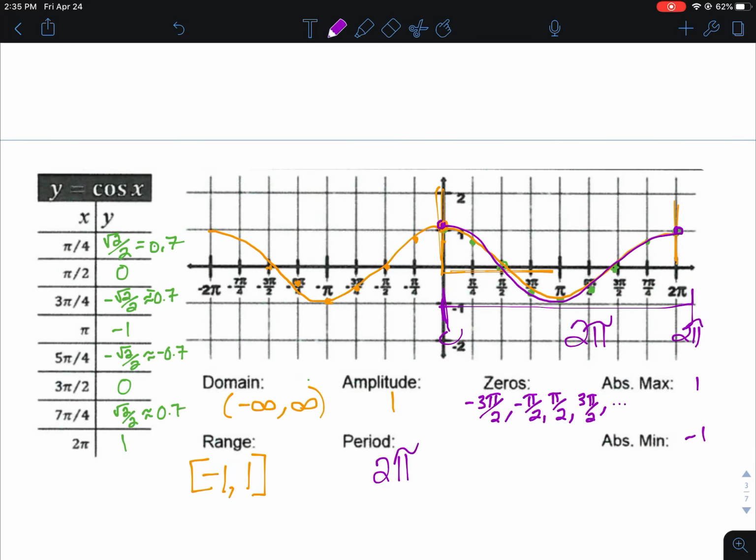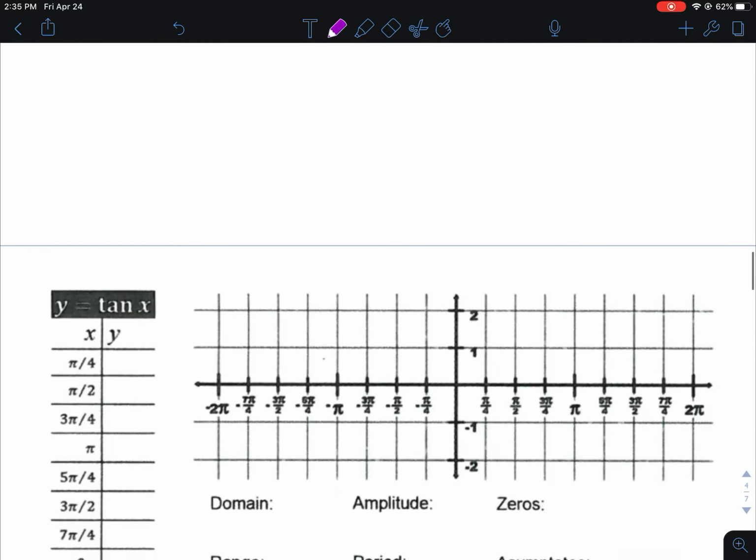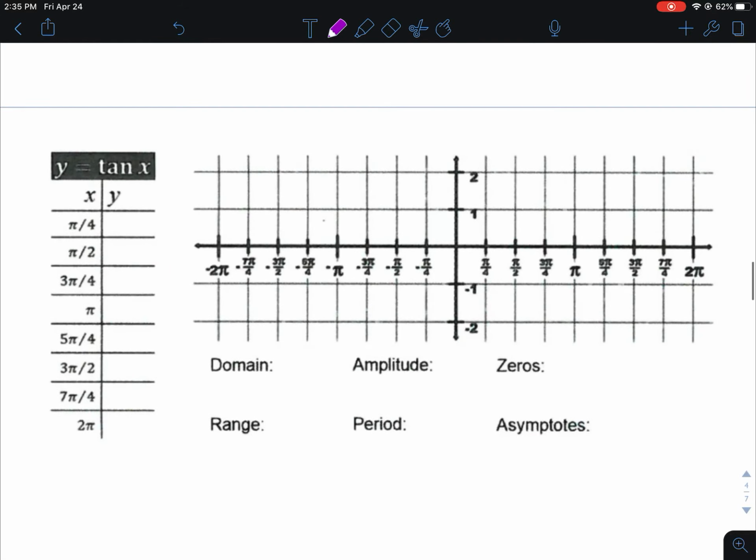All right, so sine and cosine are really closely related. And then the tangent function here is going to be a combination of the two graphs.